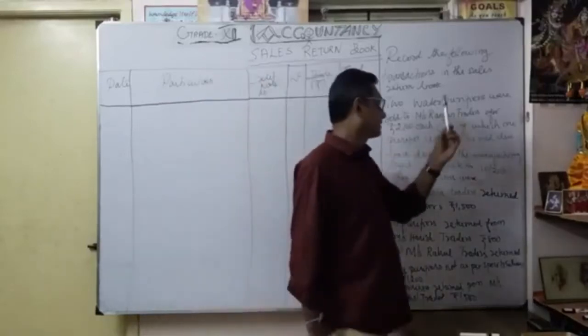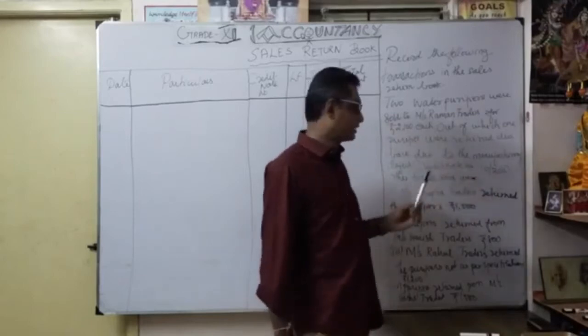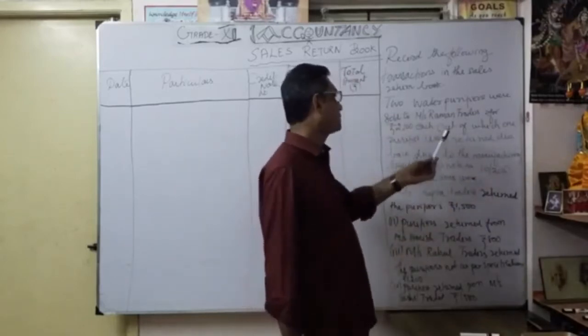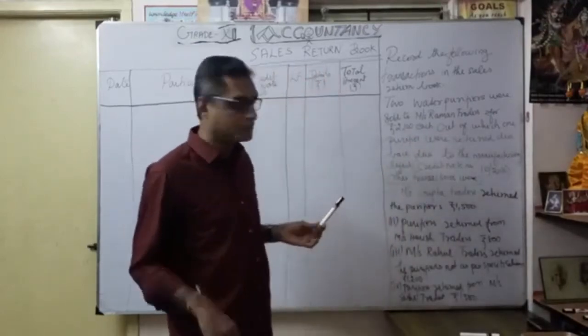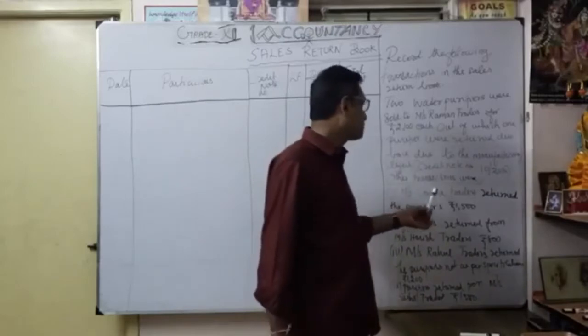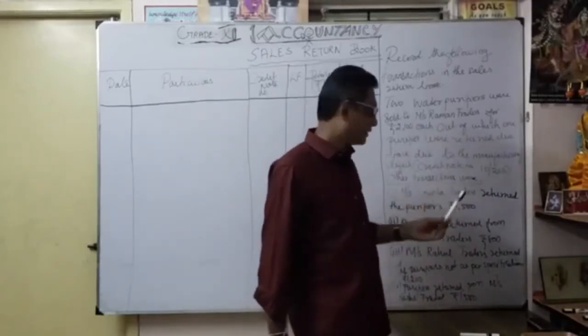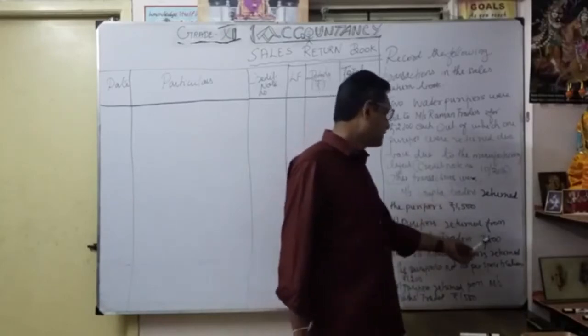So due to the manufacturing defect, one water purifier was returned by Raman Traders. The credit note given was 10/2016. Then other transactions: not only Raman Traders, we received goods returned back from many customers. One is from Gupta Traders, returned purifier 1,500. Then purifiers returned from Harish Traders 800.